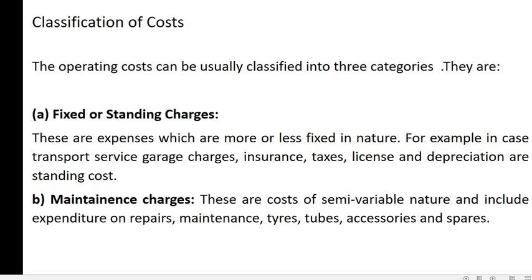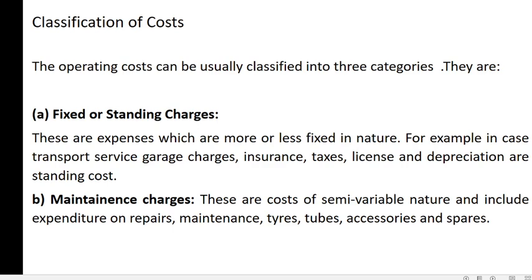Now we come to the classification of costs. Operating costs can usually be classified into three categories. That is fixed or standing charges, maintenance charges, and running or operating charges. Fixed or standing charges include those expenses which are fixed in nature. These expenses are constant and are incurred irrespective of the extent of the service.